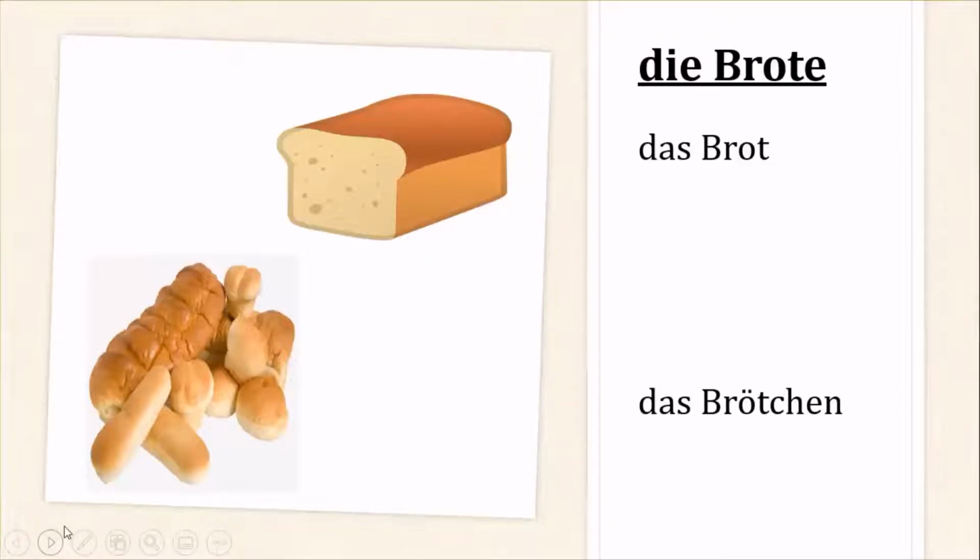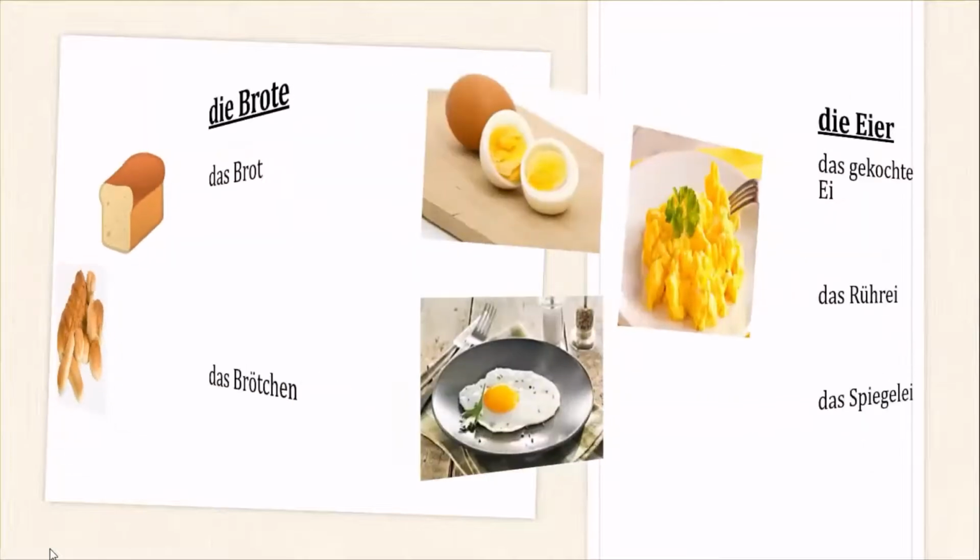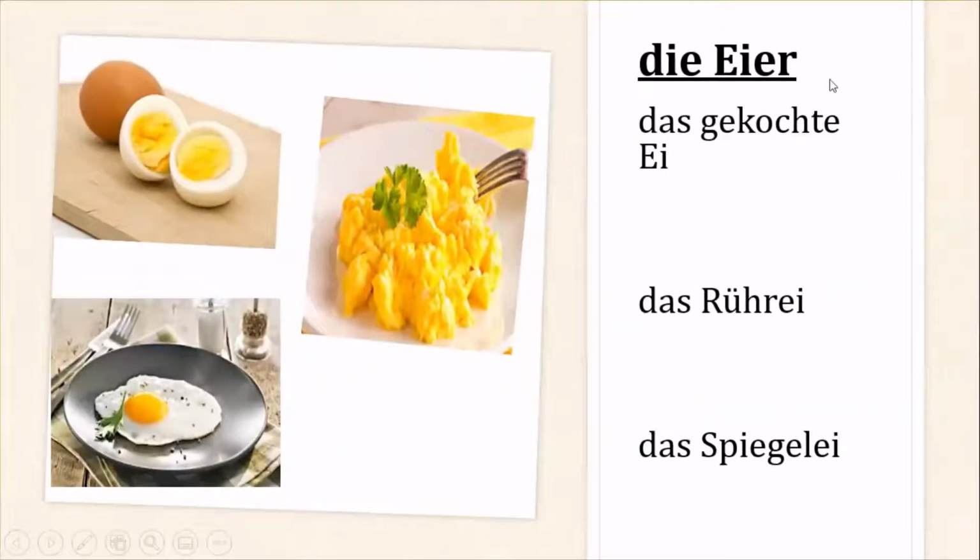So moving on, the eggs can be of three different kinds. The eggs are die Eier. So we can have the boiled egg, which is das gekochte Ei.